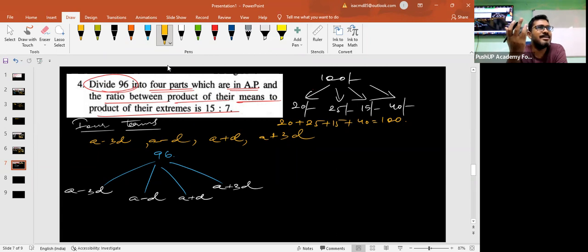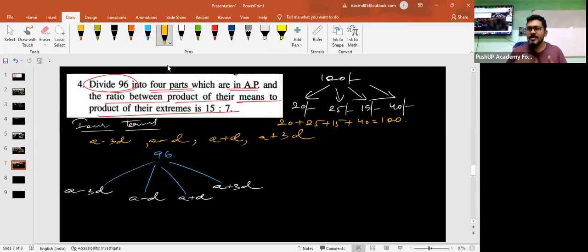Understood? So now is it clear? They didn't tell you that the sum of the 4 parts of the arithmetic progression is equal to 96. If that was a condition mentioned, you could have easily written the first equation. But they never mentioned that condition in a proper sentence.